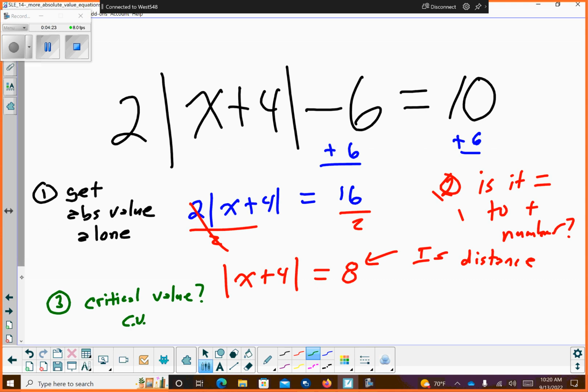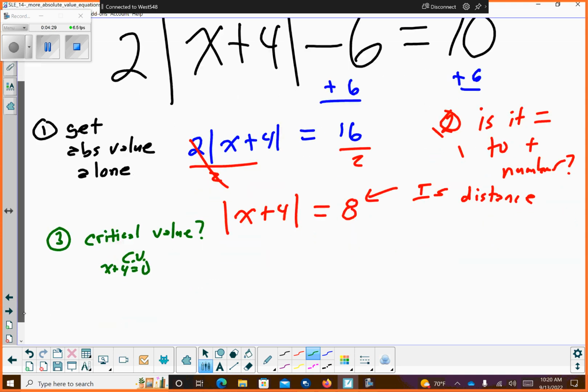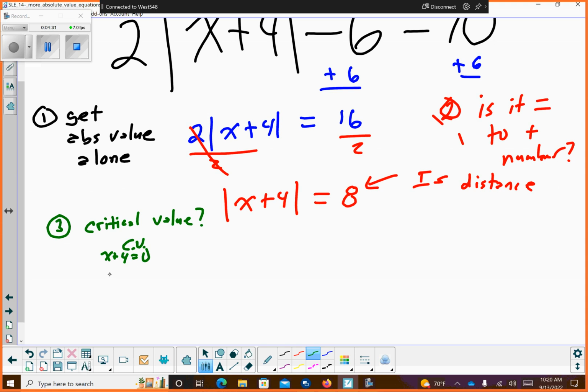In order to solve it, you're just going to go x plus 4 equals 0. How would I solve the rest of that? -4. So x equals -4. Okay? This is not an answer. But this is what I'm going to go to the right and to the left on.